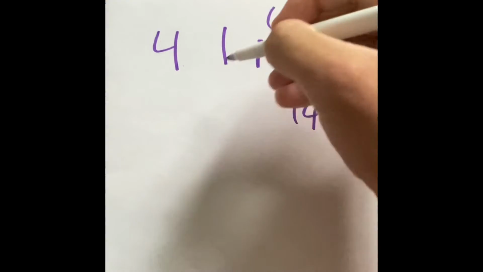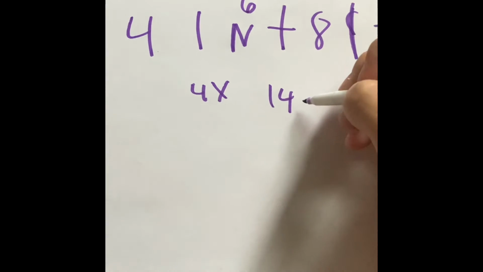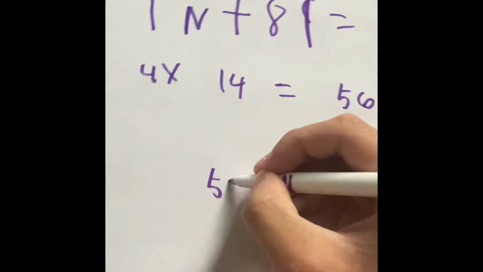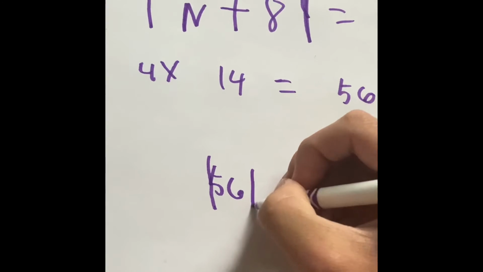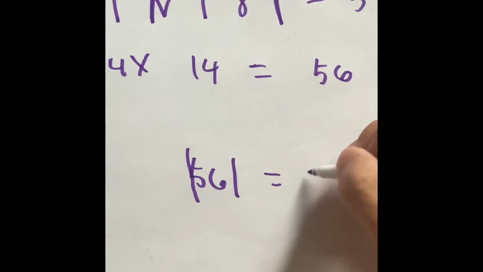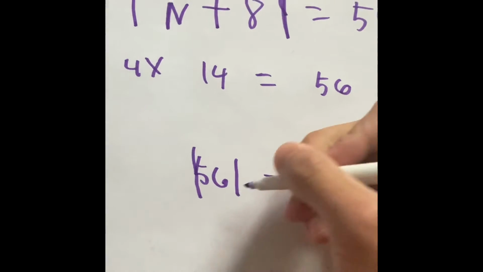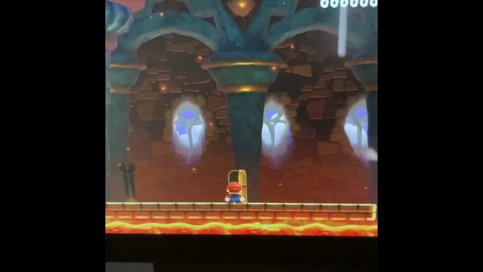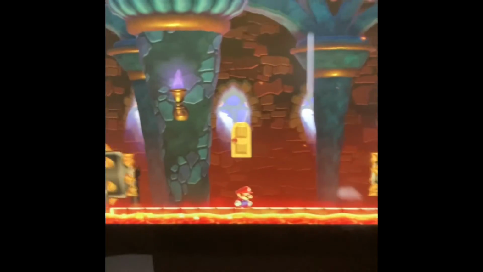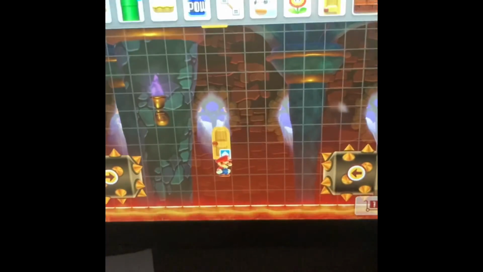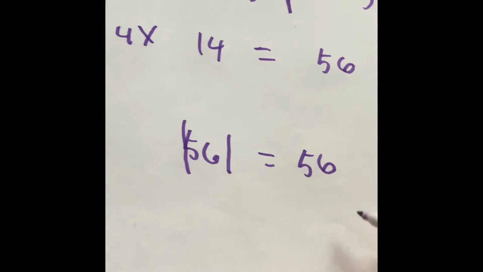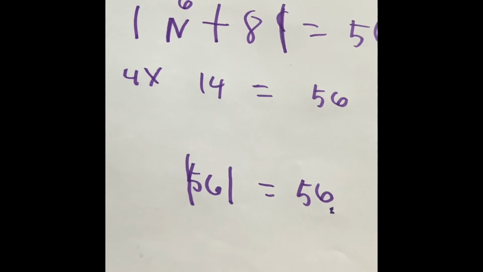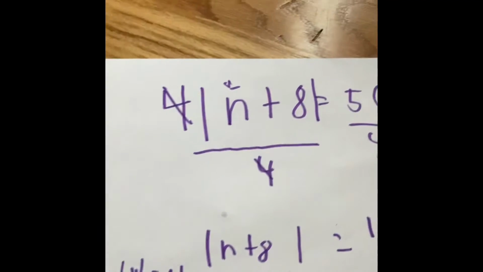And since that 4 is there, we multiply by 14, and that is 56. 56 with the absolute value bars is going to stay 56. If you put a positive number in absolute value bars, they will activate, but nothing will change because it's still a positive number. So that is a solution to this problem.